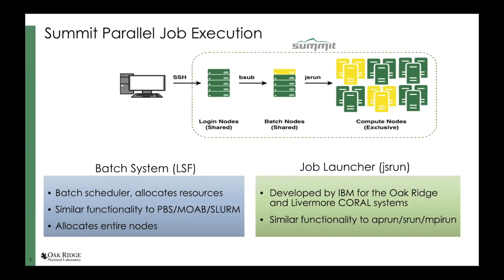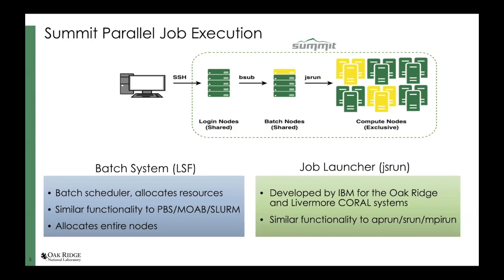All right, so in this talk, I want to focus on the 2 main pieces of this that you'll need to understand to run on the compute resources. So the first is the batch system. So we use LSF on Summit. LSF is a batch scheduler. If you've used other HPC machines, this should look pretty familiar. It's very similar functionality and a lot of times syntax to PBS, Moab, and Slurm, and some others.